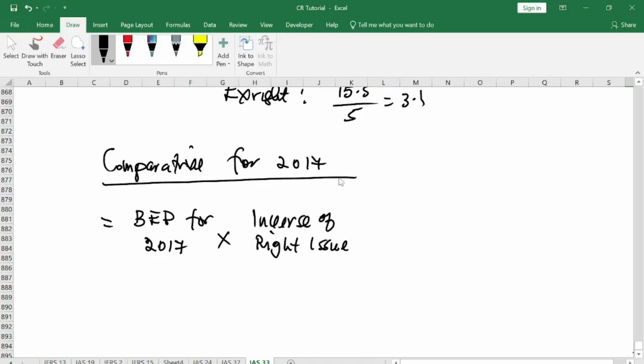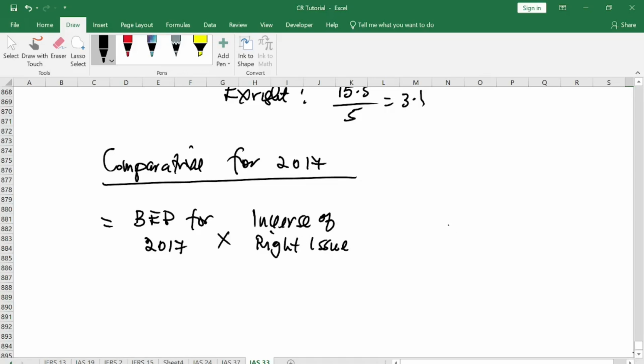When you compare 2017 with 2018, you will see a huge difference, because 2017 doesn't have the rights issue. The comparison will not be fair, and it will affect the analysis.